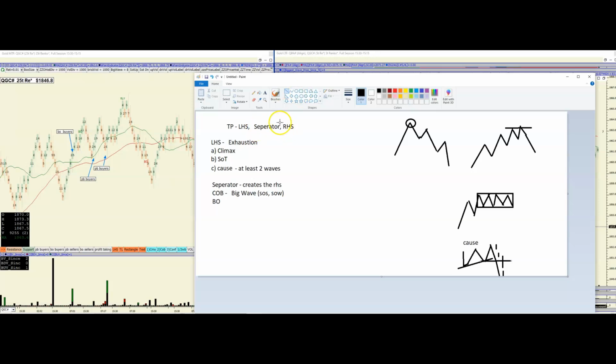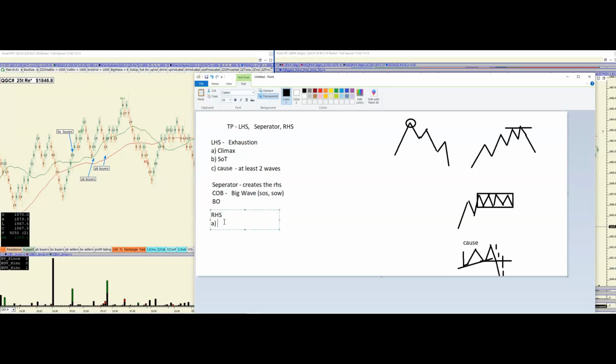Now you are on the right hand side. Now explain the right hand side. On the right hand side, what do you want to see? This is where you get your LPSs and your LPSYs.